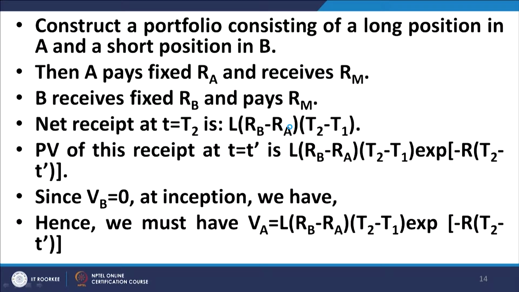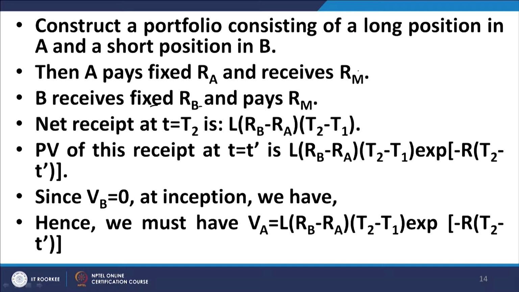See, on this portfolio, the net receipt will be L into (RB minus RA). You see, you are receiving RB and you are paying RA. RM and RM cancel inter se.